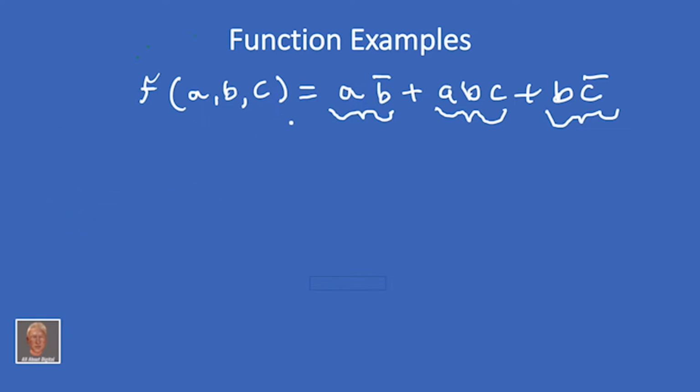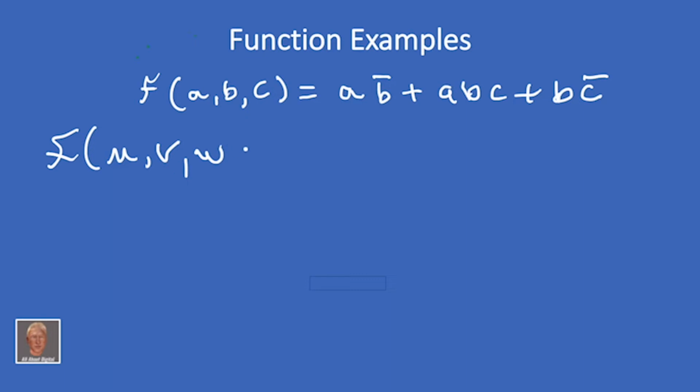Let's write another function here. Let's make one up. So I got f of u, v, w equals u bar, vw.